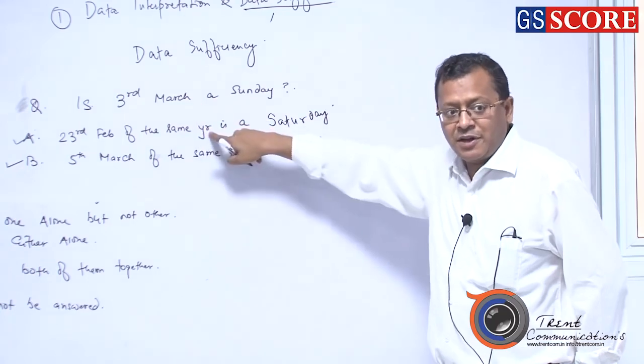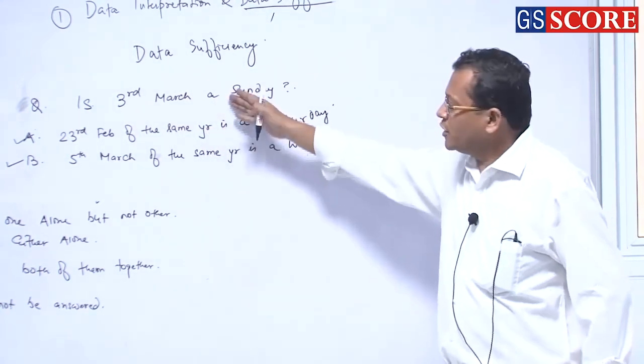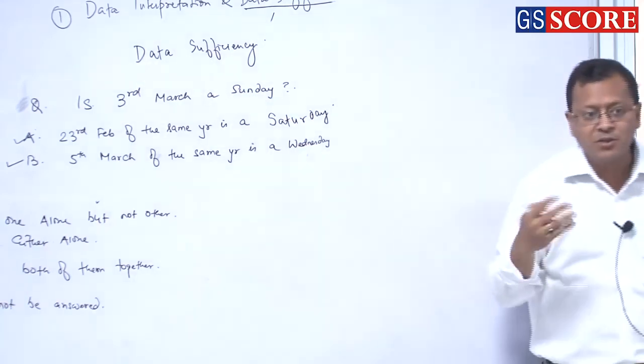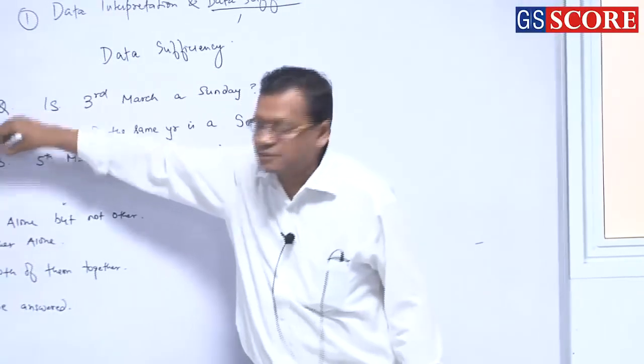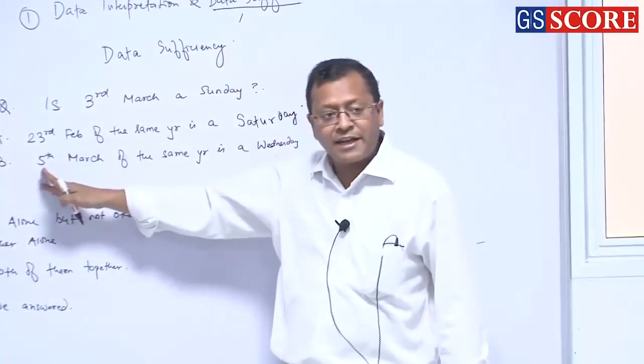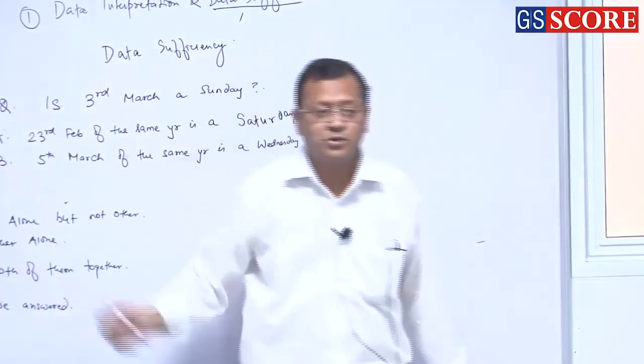And if it is a leap year, then 3rd March is a Monday. Clear or not? So there cannot be a yes and no answer to the same question. So we cannot get the answer to that question in that case. But definitely we are getting an answer from statement B. So then the answer will change to option A.